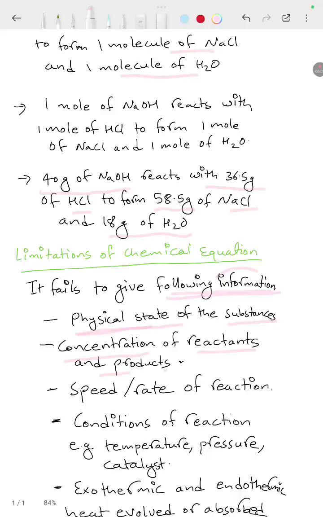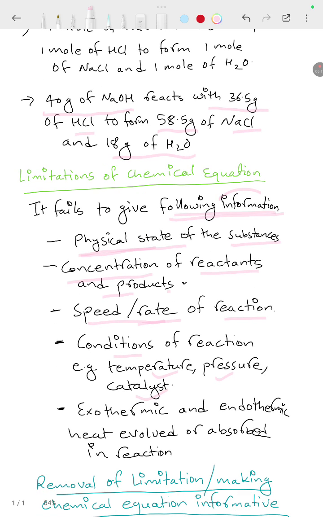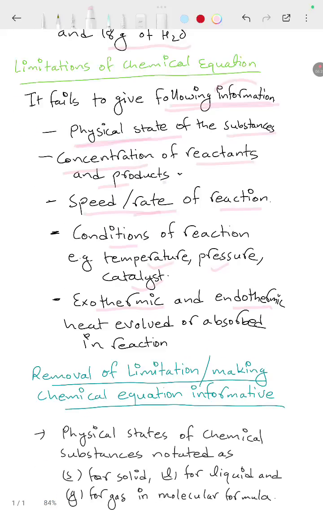It does not tell the speed or rate of reaction. It does not mention the conditions of the reaction, such as temperature, pressure, or catalyst for starting the reaction. And it doesn't tell whether the reaction is exothermic or endothermic. Exothermic means heat is released and endothermic means heat is absorbed in a chemical reaction.